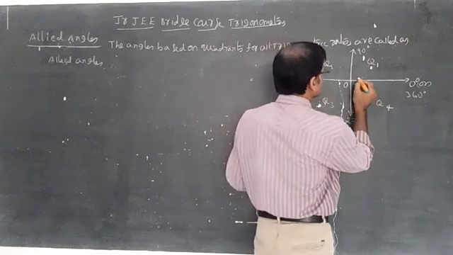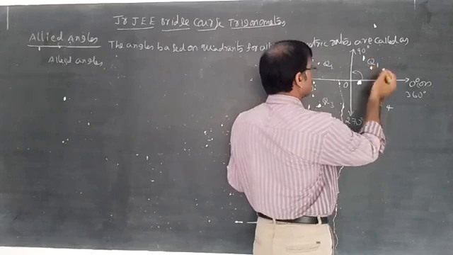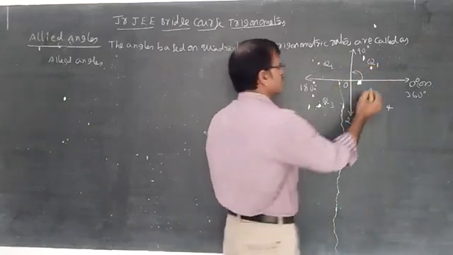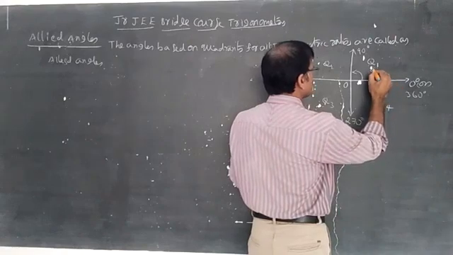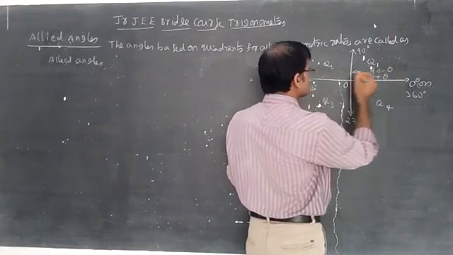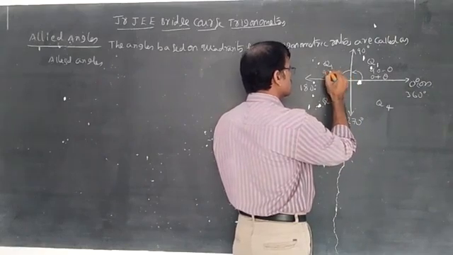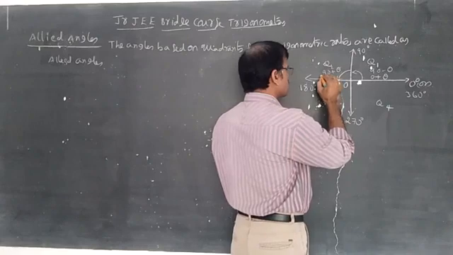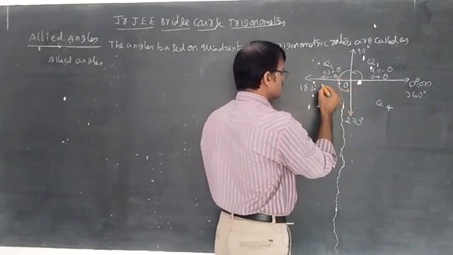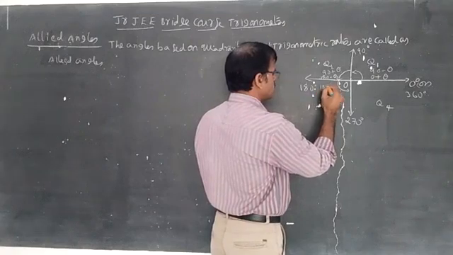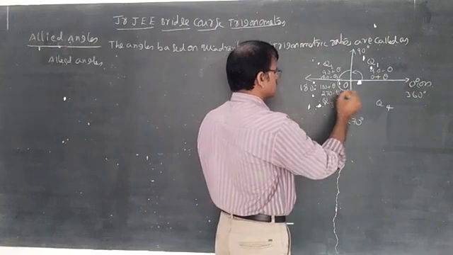Among the quadrants, we can decide here if any angle is rotating in this first quadrant, you can say that it is 0 plus theta or 90 minus theta. Next rotation, you can say here 90 plus theta or 180 minus theta. Next, you can understand here 180 plus theta or 270 minus theta.